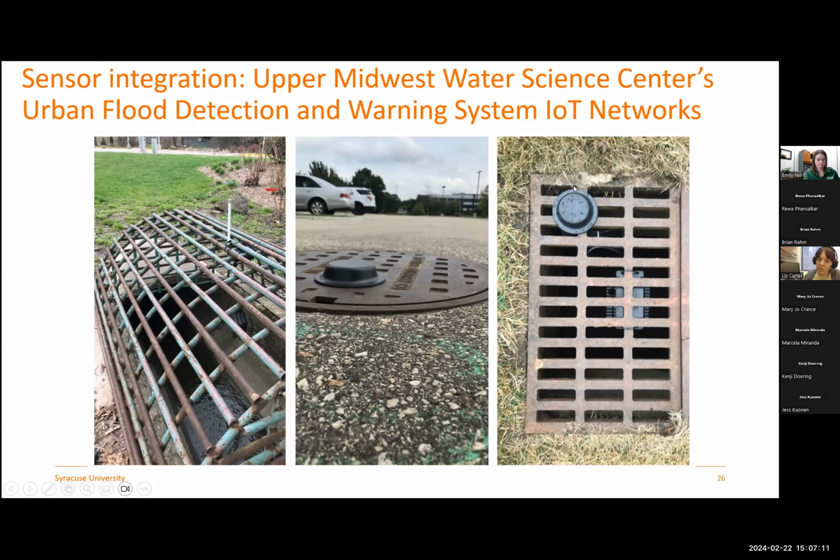This right here is a little LoRa transducer, and so this is sending the data measured by this sensor out into the cloud. And all three of these sensors have been installed in Madison, Wisconsin by the Upper Midwest Water Science Center, the USGS branch up there.